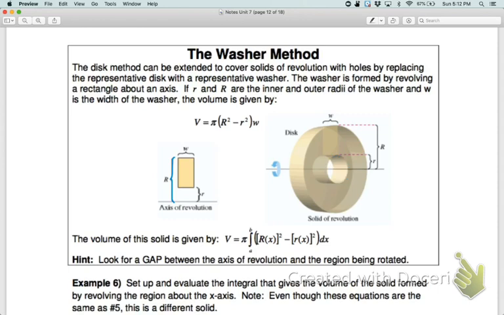Then we need to subtract out the negative space, which is going to be this little radius, the inner radius we call it, which is the radius of just the negative space. So we're going to find the volume of the whole thing without the hole in the middle minus the volume of the hole. And that's going to leave us with just the washer on the outside.